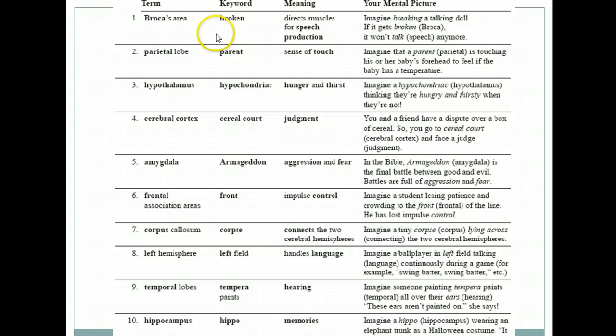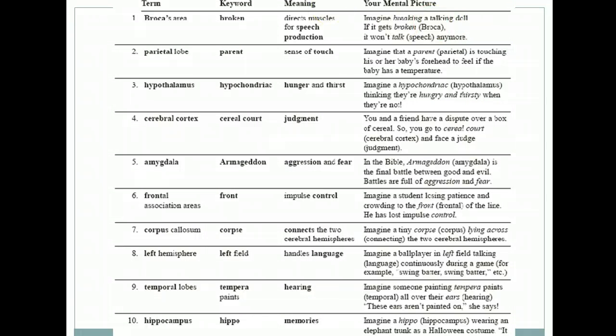So there's a couple different ways that you can look at keywords. One way to think of it is Broca kind of sounds like broken, which would be our keyword. Then we're going to associate this keyword with a mental picture. So the mental picture here is imagine breaking a talking doll.